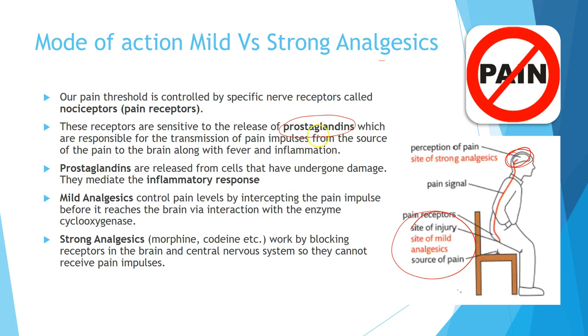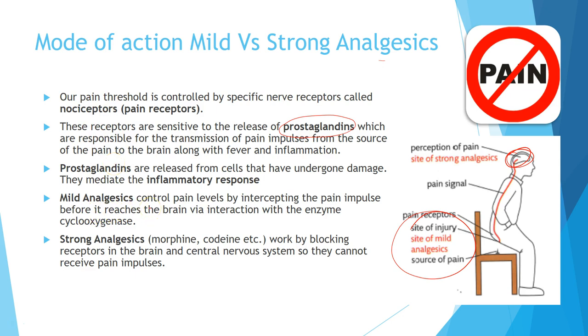So prostaglandins, which are the compounds, are released from cells that have been damaged in some way, and the release of these, okay, sets about the inflammatory response, sets off our nociceptors. So these nociceptors and prostaglandins are tightly linked in the way that they work.